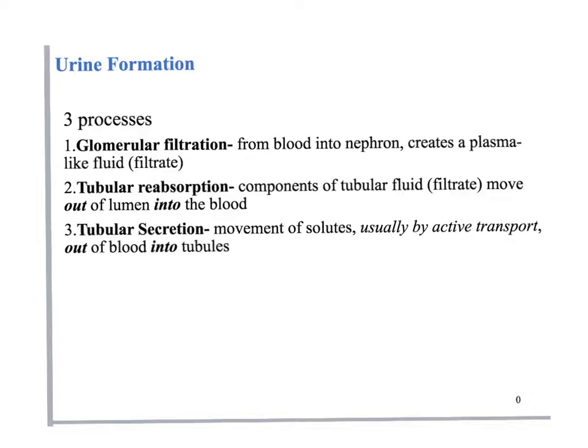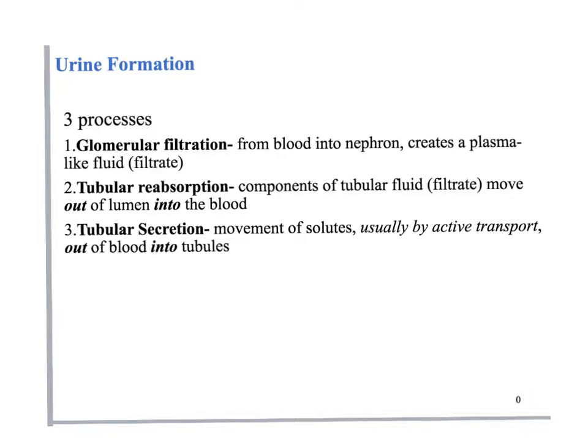Originally, a lot of filtrate is produced, more than you end up getting rid of in terms of urine. But then reabsorption is we're going to take a lot of the stuff that we've put out past the filter back. So we're going to reabsorb stuff out of that filtrate.